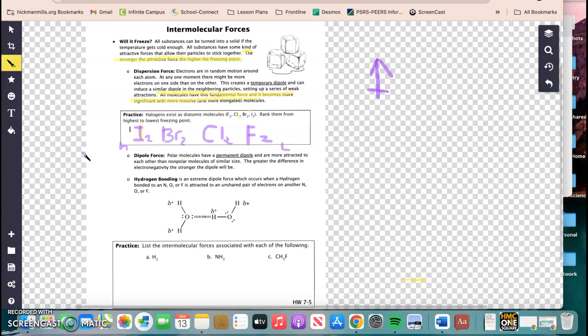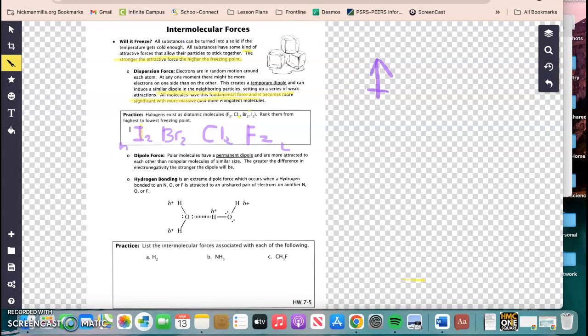So unlike dispersion forces, dipole forces have a permanent dipole. That means that arrow is pointing in a certain direction, and it's not going to change. They are more attracted to other polar molecules. The greater the difference in electronegativity, the stronger the dipole will be.